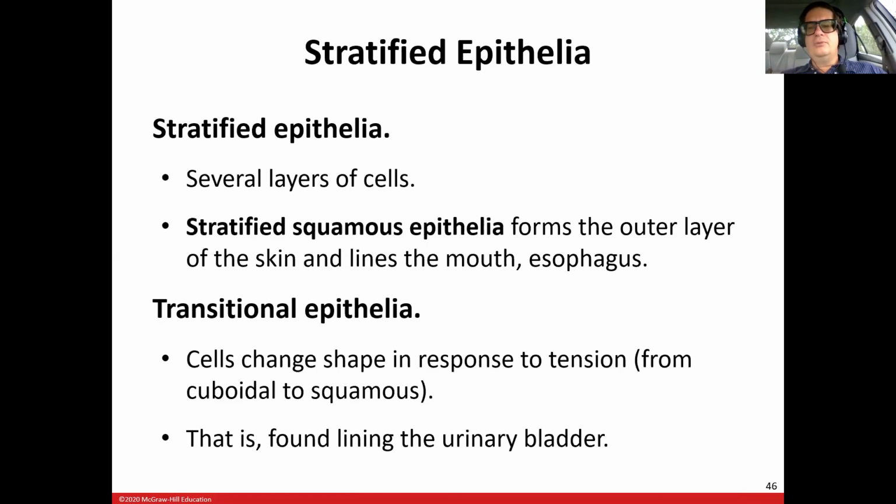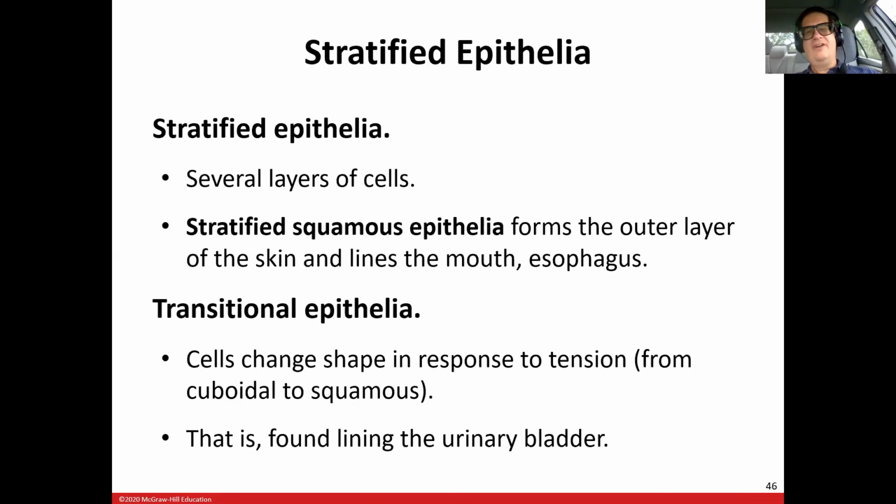All true, but I want to add something here. The outer layer of the skin is tough and really, really abrasion resistant. That is keratinized. Protein keratin is in it, it makes it tough. Now, if you feel right here, the inner lining of your cheek, you know how that's softer, not as tough?